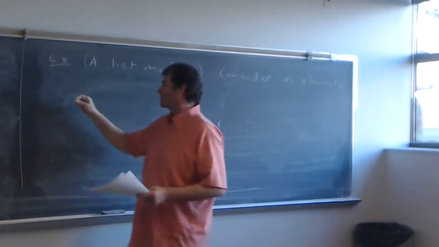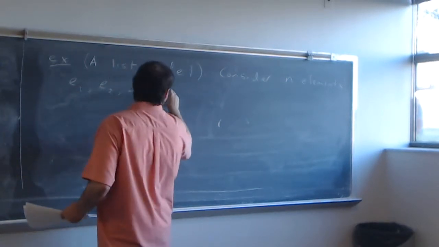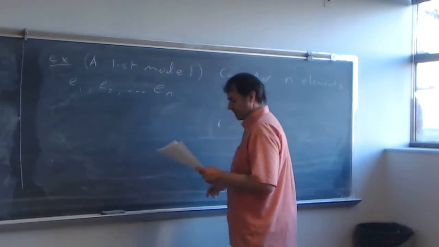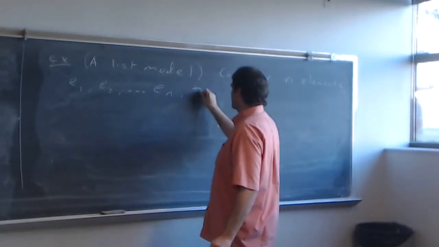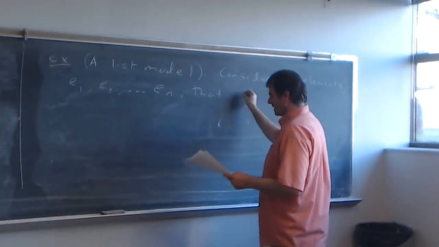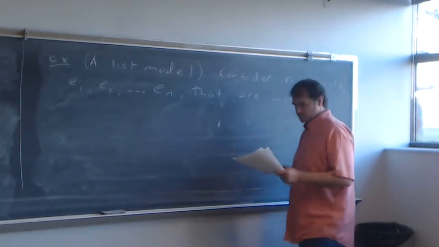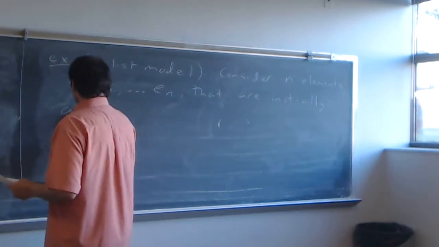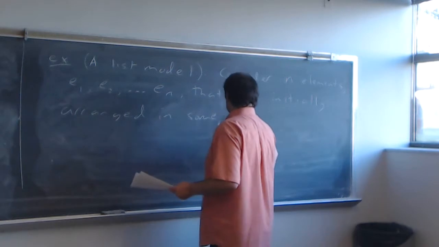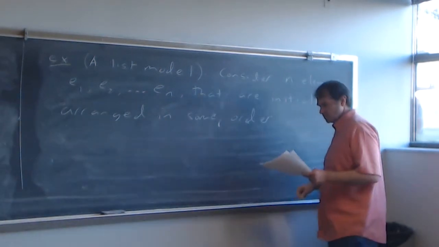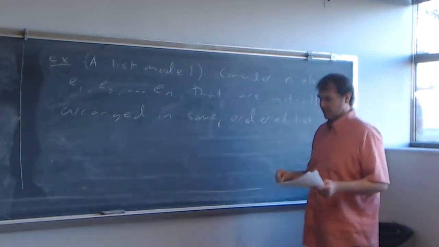So we got these n elements, E1, E2, up to En, that are initially arranged in some order, some ordered list. Okay, so they got them arranged.